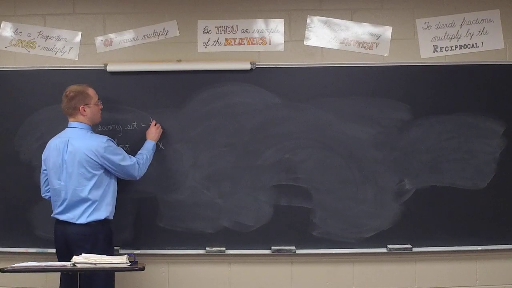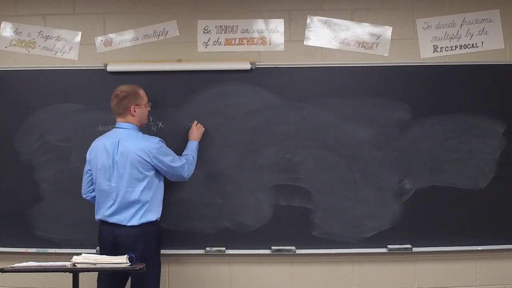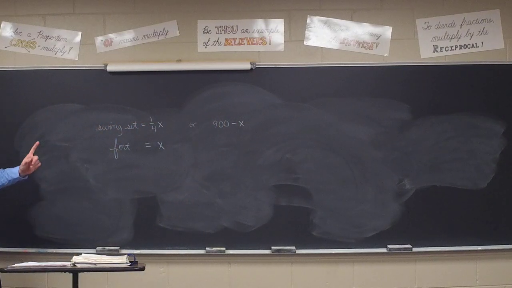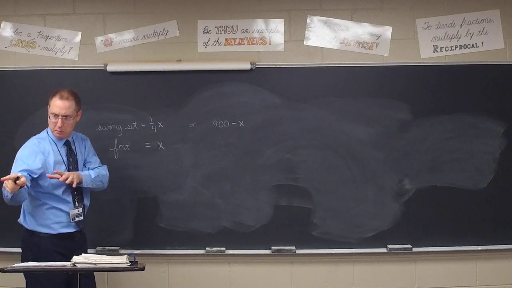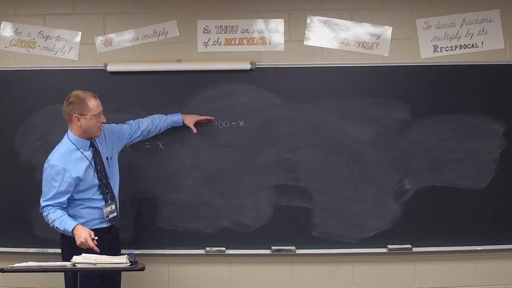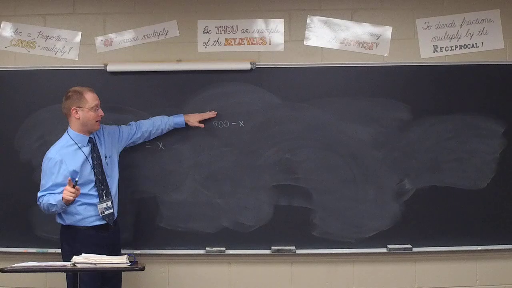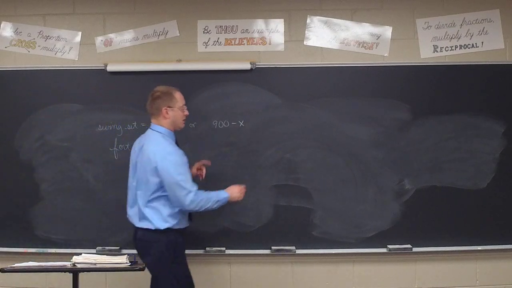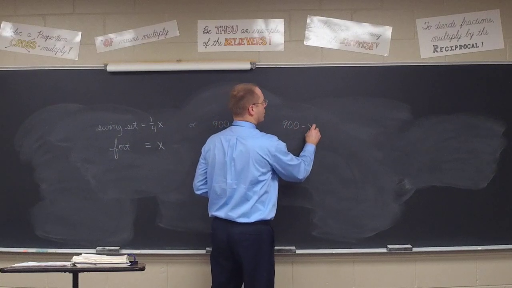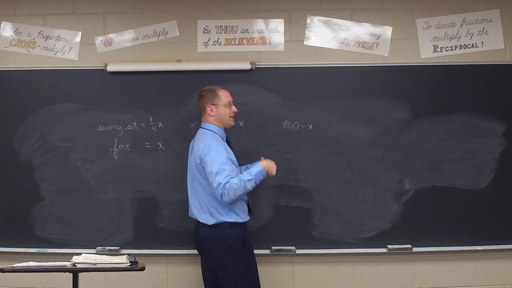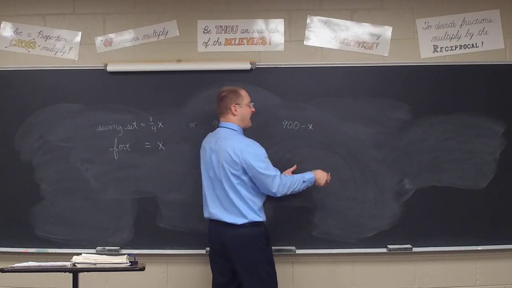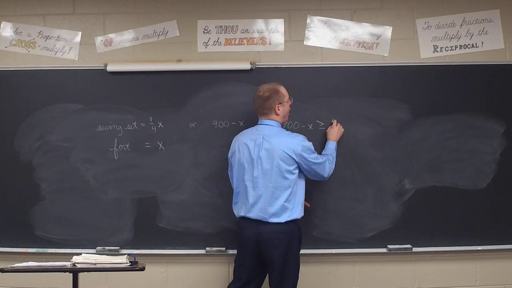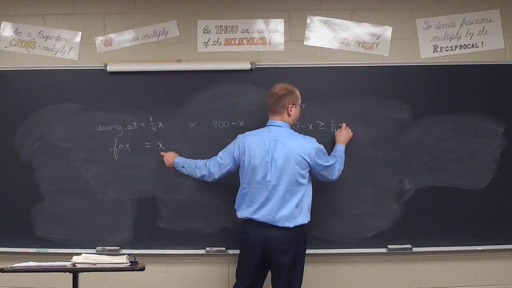Now, we can look at this two different ways. Let's look at it both ways. Let's go with Curtis's perspective first. If we say the total is going to be 900 at most, 900 minus x, and this is going to be x. Well, it said that the swing set, 900 minus x, should be at least, meaning greater than or equal to, a fourth of the fort.